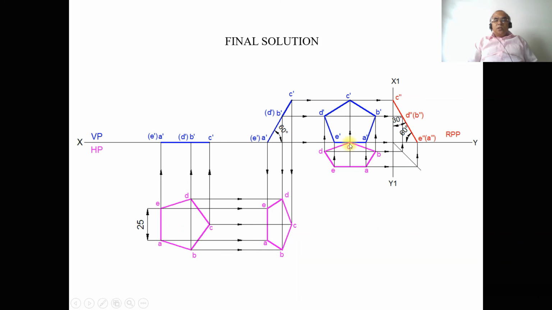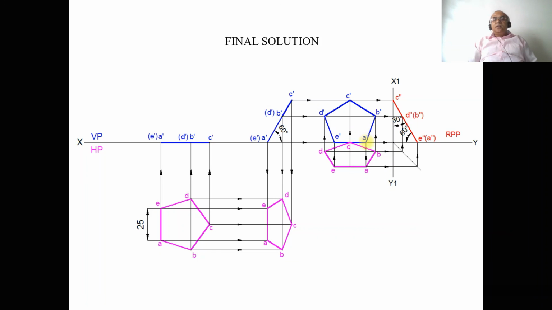Draw a vertical projector from C to the front view, and draw a horizontal projector from C dash. Both these two lines are going to intersect at this point, and you mark this point as C dash. Then join A dash to B dash, B dash to C dash, C dash to D dash, D dash to E dash, and E dash to A dash with a dot line.